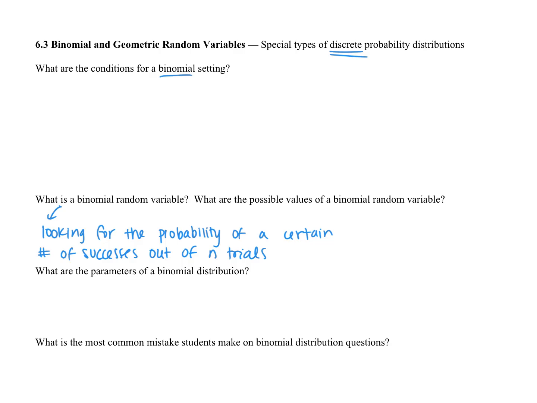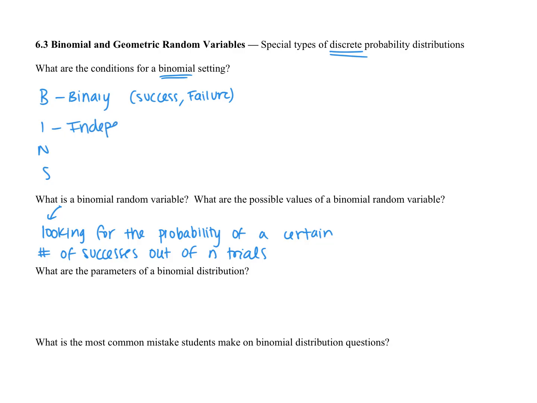What you need to remember for binomial, the conditions are BINS. So here's what I mean by that. B stands for binary. So there needs to be 2 results only. Success and failure. I is independent.